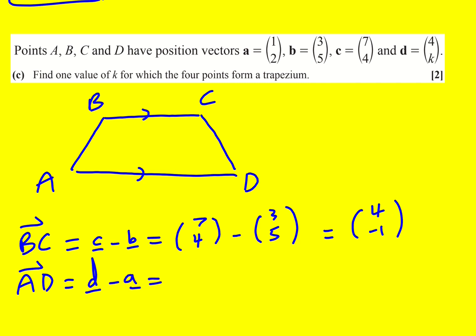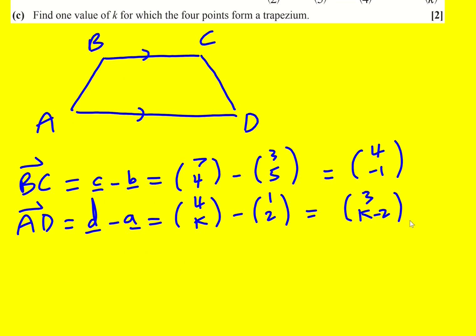AD is similar. So I get 3 and k minus 2. Now we're going to assume they're parallel to give a trapezium.